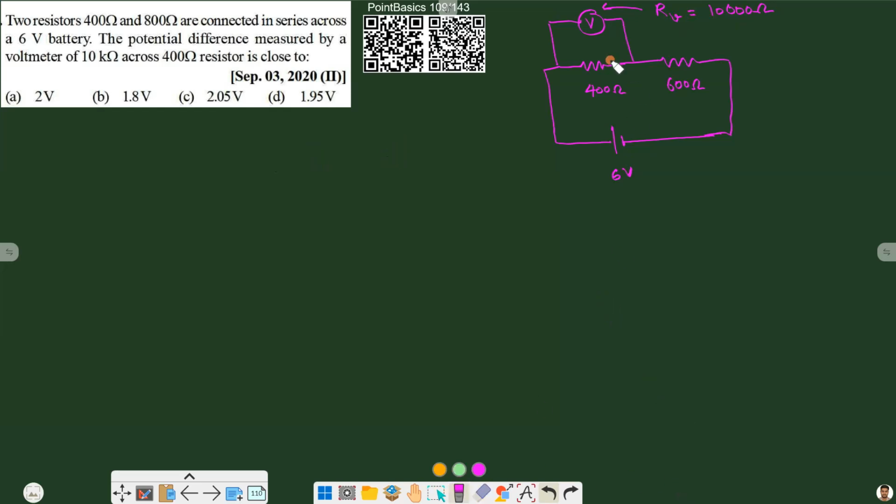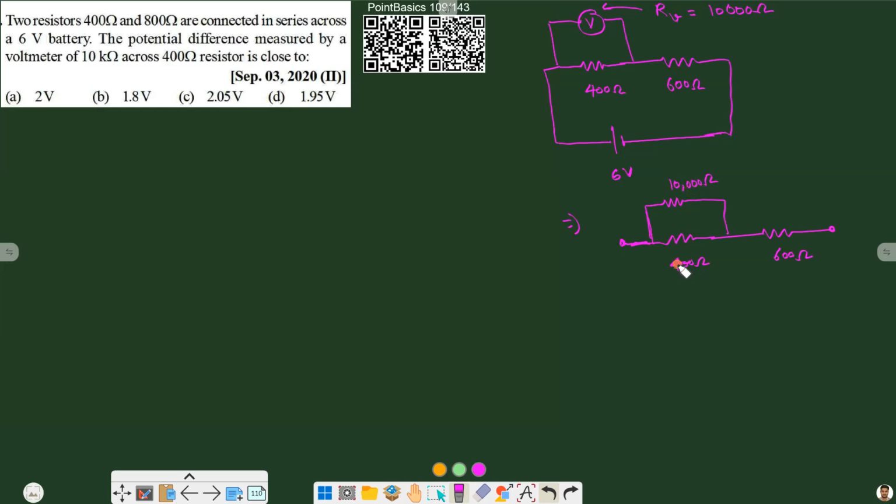So we will redraw the diagram. We have a 400 ohm here, 600 ohm here, and in parallel with 400 ohm we have a resistance of 10,000 ohm. So this will be our new diagram.